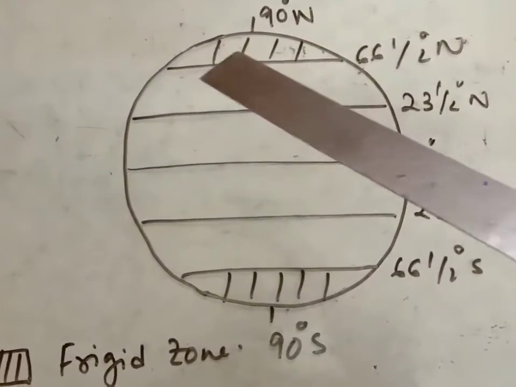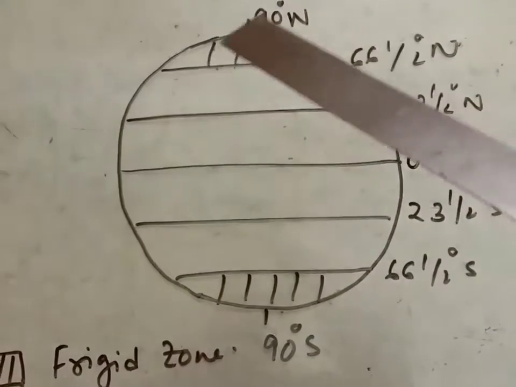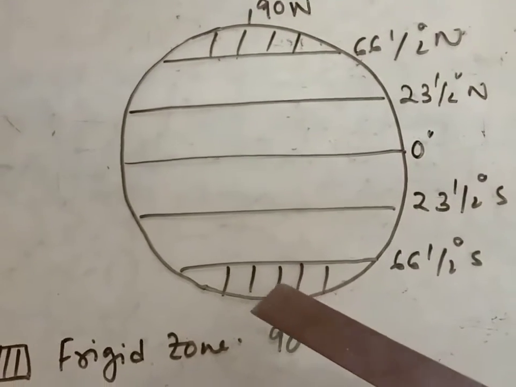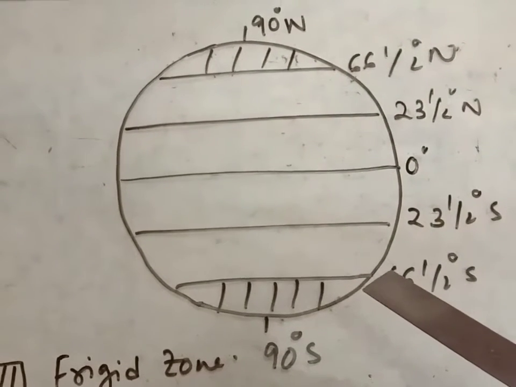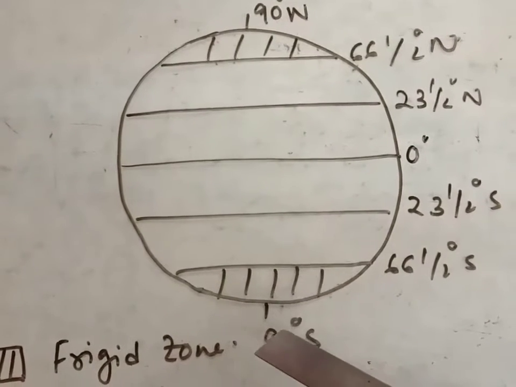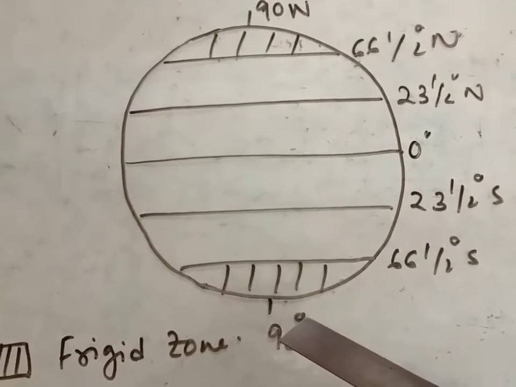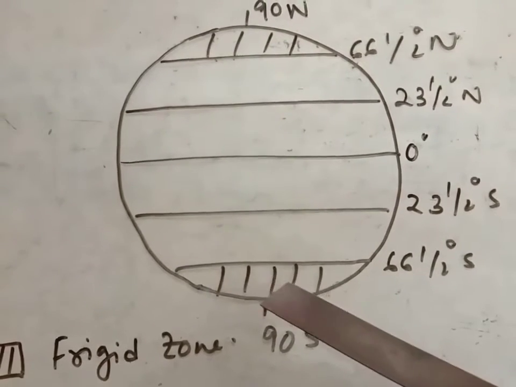Now you can see this small place, I want to show you the frigid zone. That means 66.5 degree south, that means Antarctic Circle, to 90 degree south, that means the South Pole. Okay, so this place is called the frigid zone.